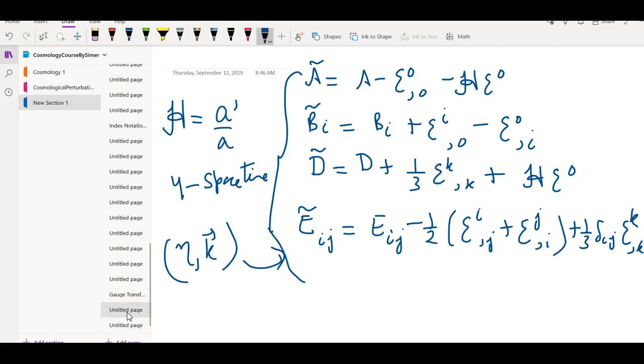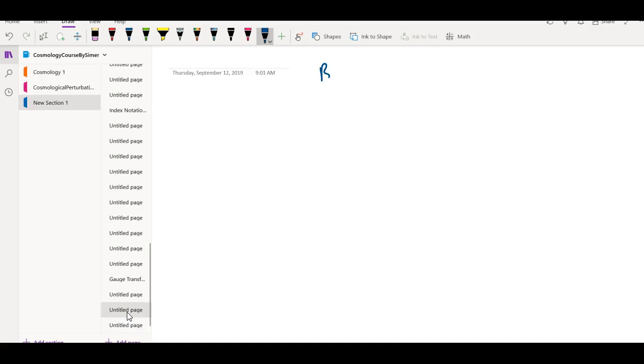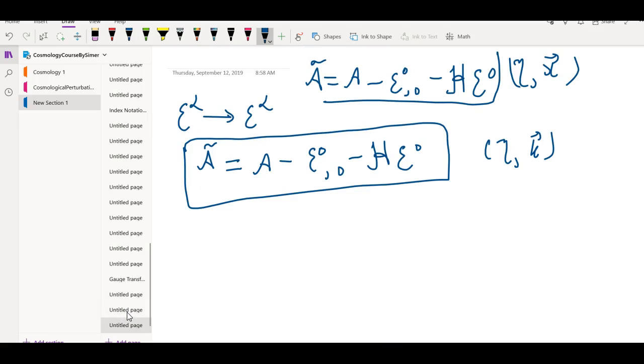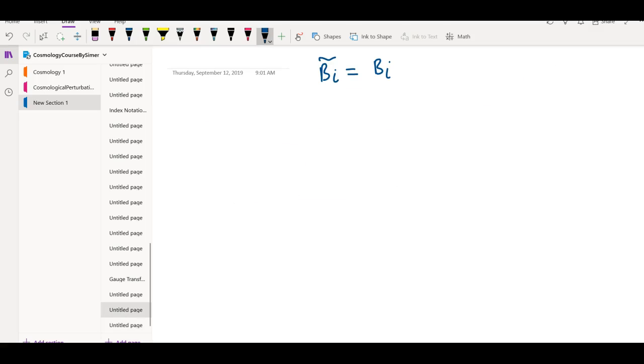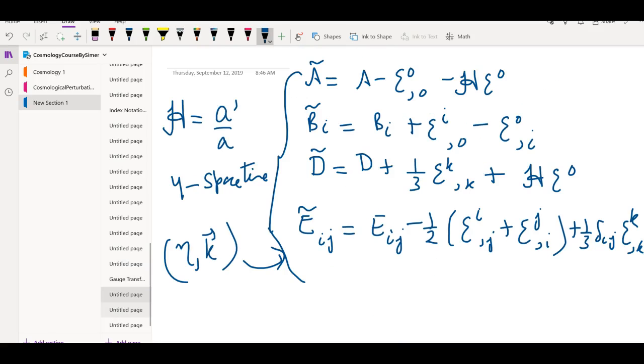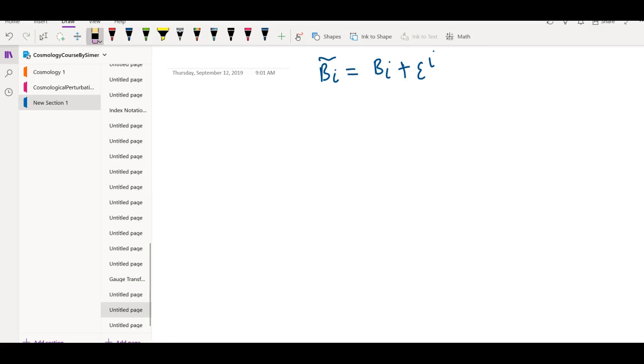Now next let us look at this equation. Xi i 0, xi 0 i. Xi i 0 minus xi 0 i.